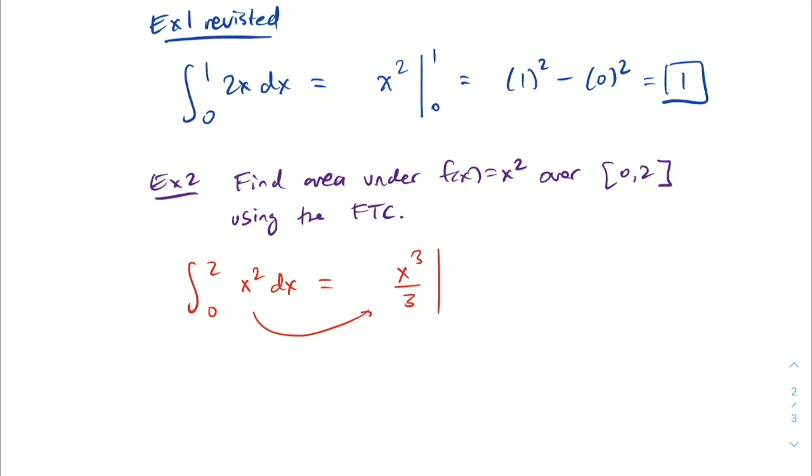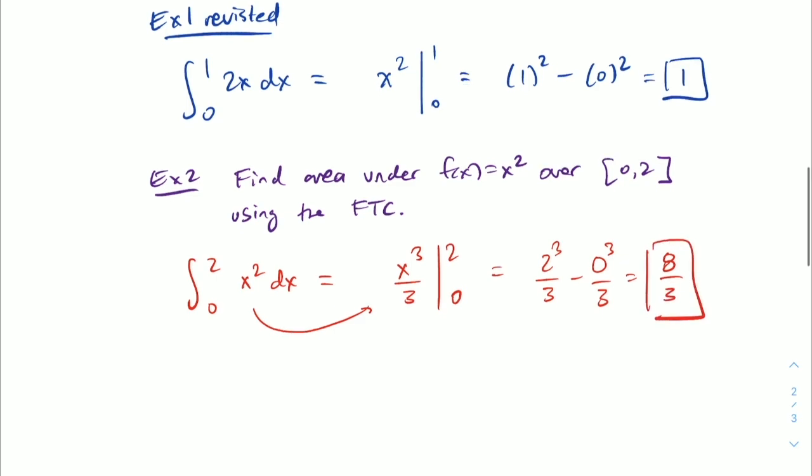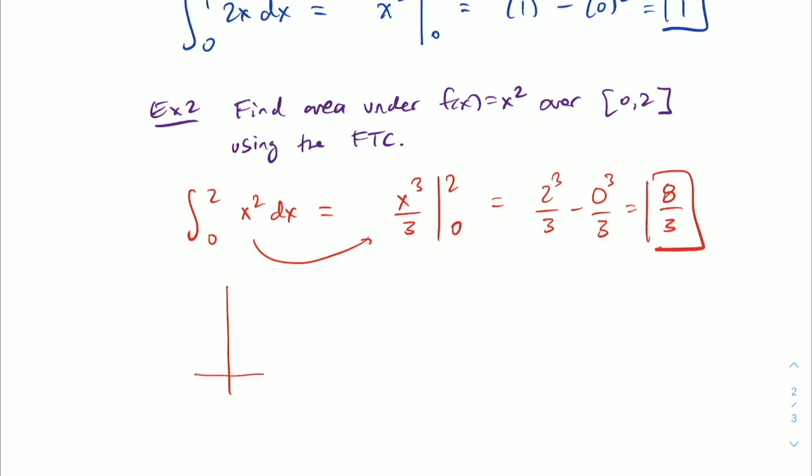I'm going to put my 2 and my 0 in, and I'm going to get 2 cubed over 3 minus 0 cubed over 3, which is just 8/3. So this curved area under x squared from 0 to 2 is exactly 8/3. That's pretty cool. Let's do another example.